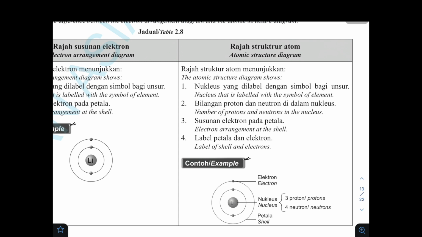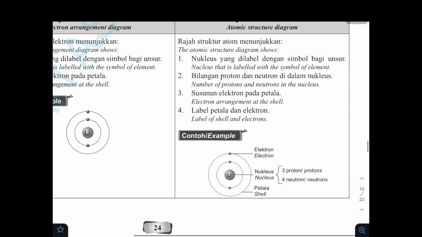You see? So, sama juga, mula dia ada nucleus that is labeled with symbol element, ni sama. Number of proton and neutron in the nucleus. Dia mesti kamu tulis dia punya nucleus, kemudian tulis berapa banyak proton dia, berapa banyak neutron. Macam ni. Kamu kena labelkan nucleus, kemudian tulis berapa banyak proton, berapa banyak elektron dia.